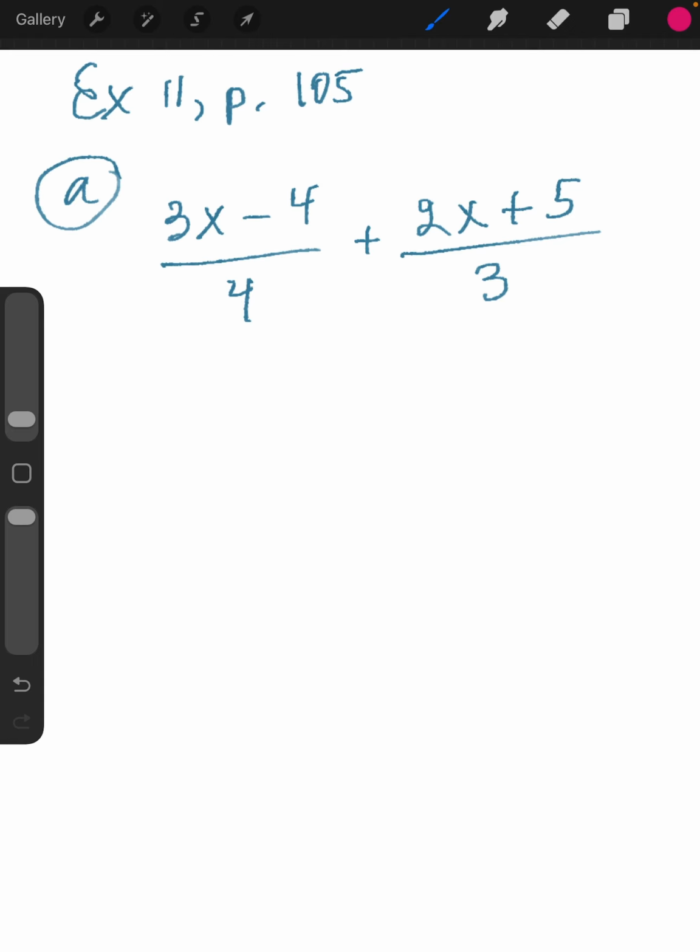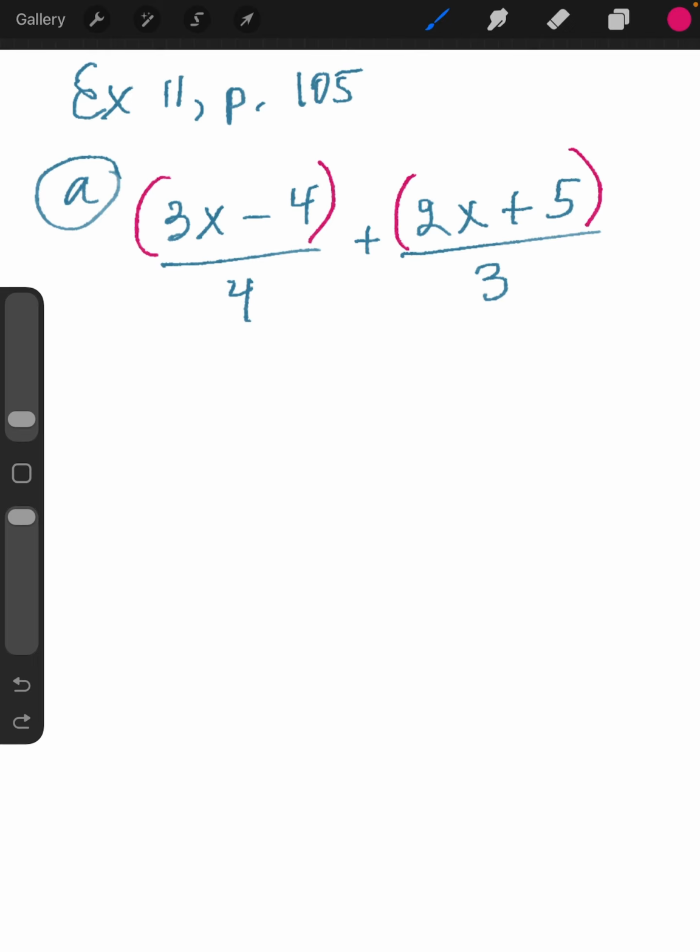However, just think of these as normal fractions. Don't worry about them being 3x minus 4 and 2x plus 5. Just see them as a whole, like see them in their entirety, right? Anyway, let's just do it and then you'll understand what I'm talking about.